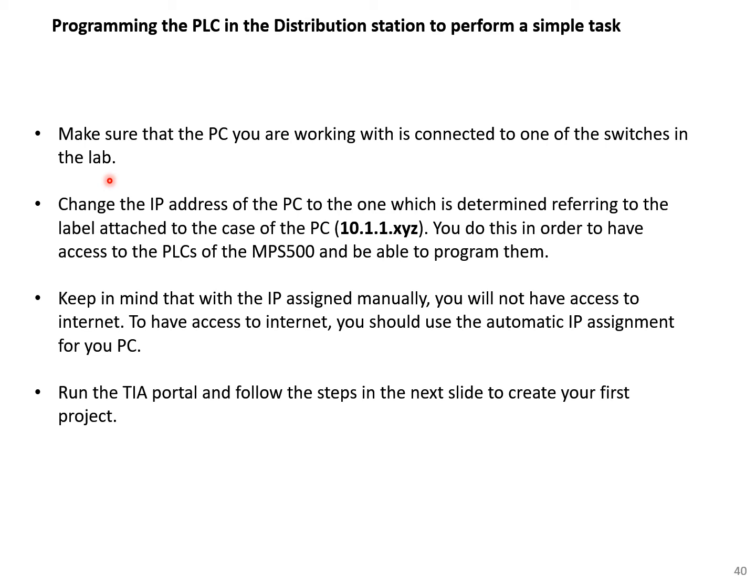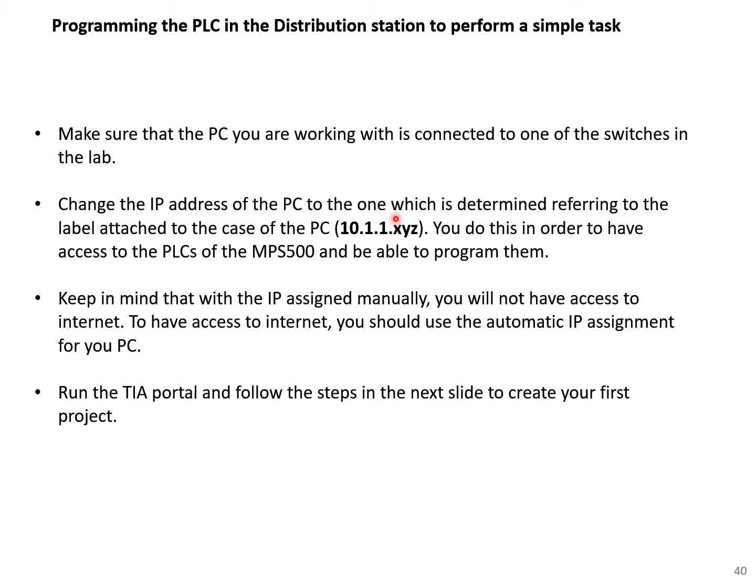You do this in order to have access to the PLCs of the MPS 500 and be able to program them. For example, if one PLC has address of 10.1.1.2, then your PC should have the same format of 10.1.1.2, for example 3. Then your PC will be able to communicate with the PLC.